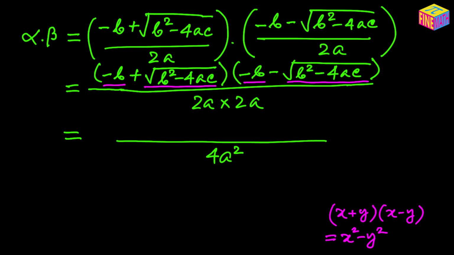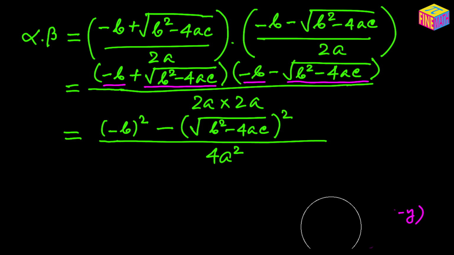So in our case, it will be negative b whole squared, minus the square root of b squared minus 4ac, whole squared.